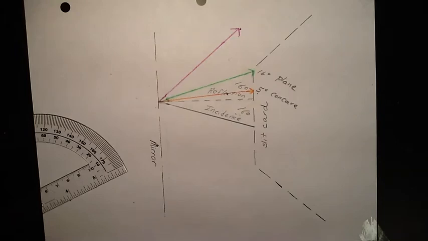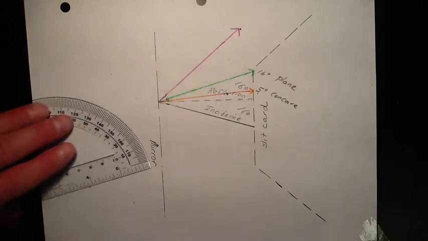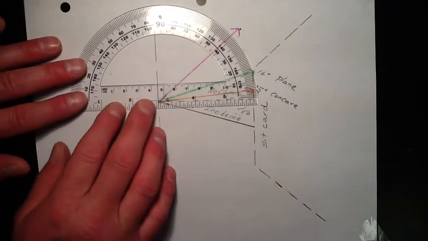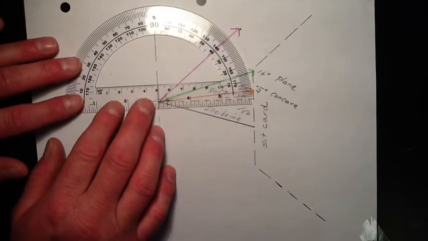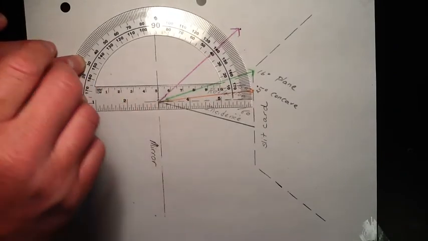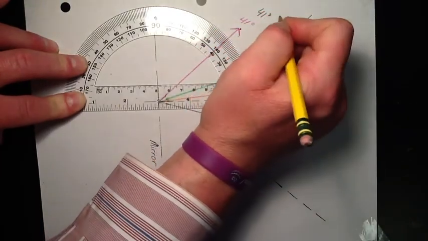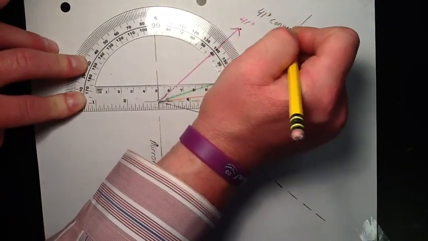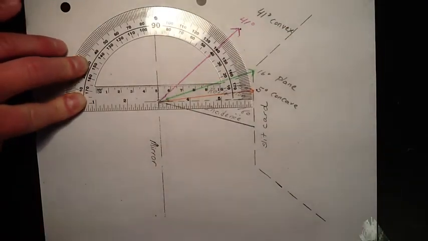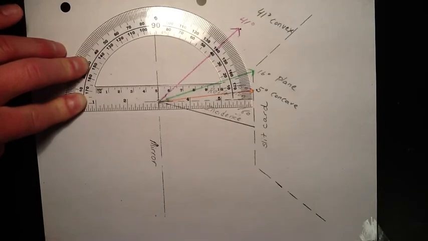Clearly the light rays diverged with the convex mirror. And the distance is 41 degrees from the normal line. 41 degrees for the convex. That would be a larger field of vision, and objects in it will look smaller.